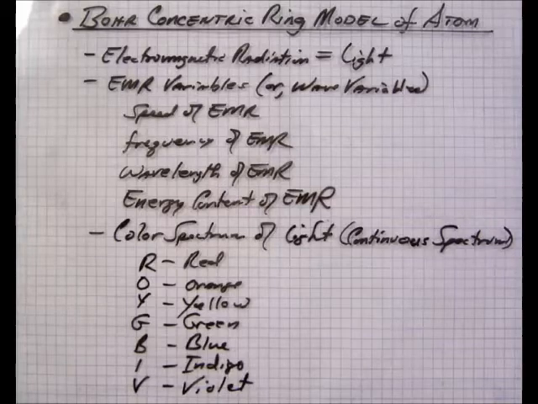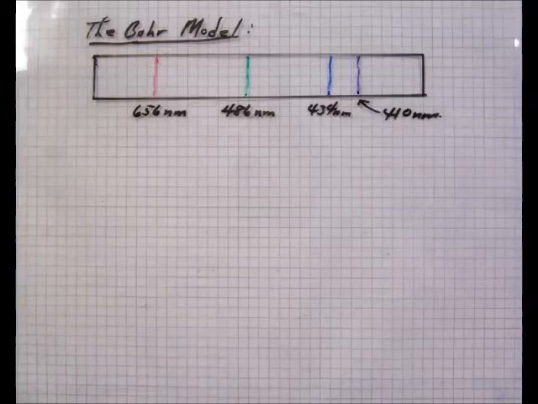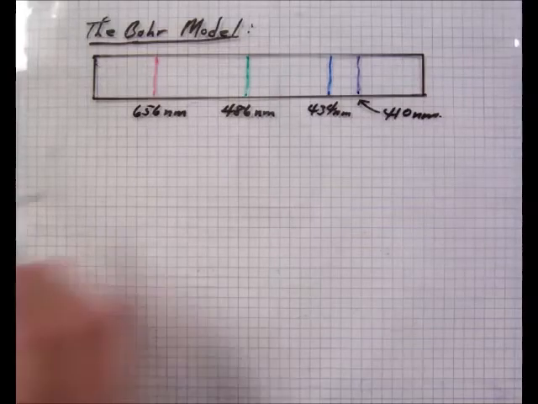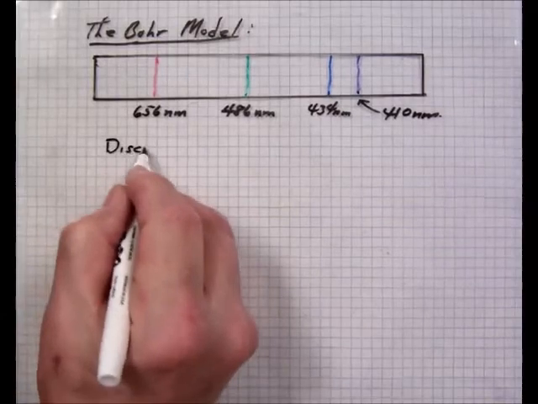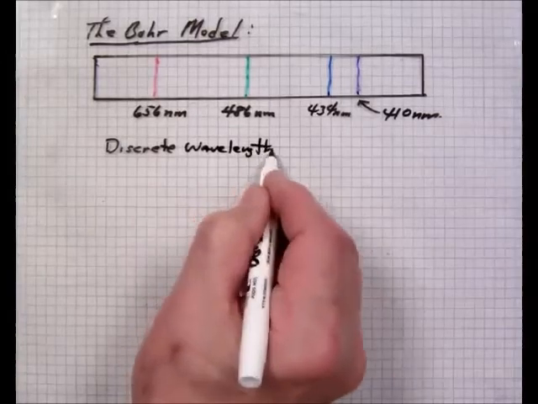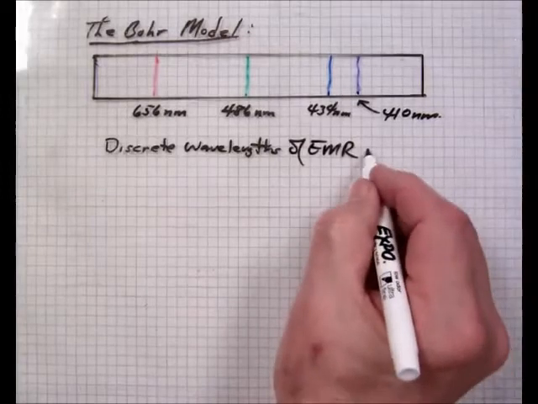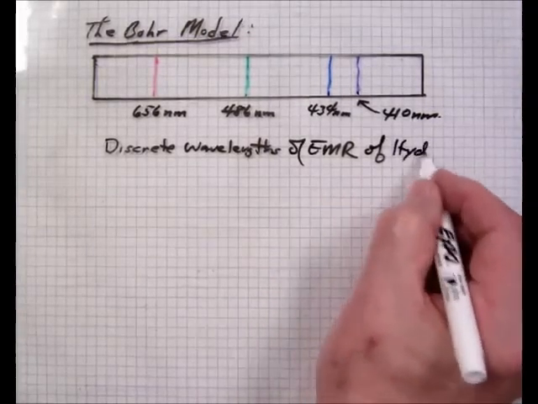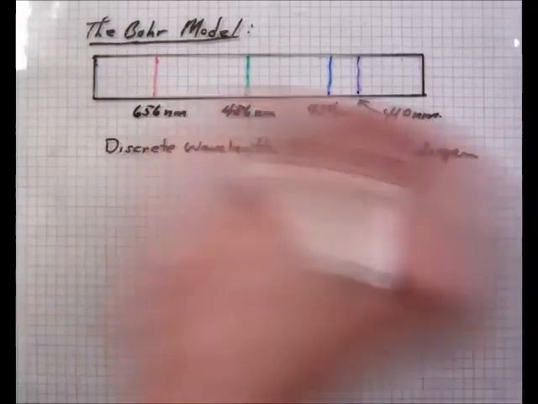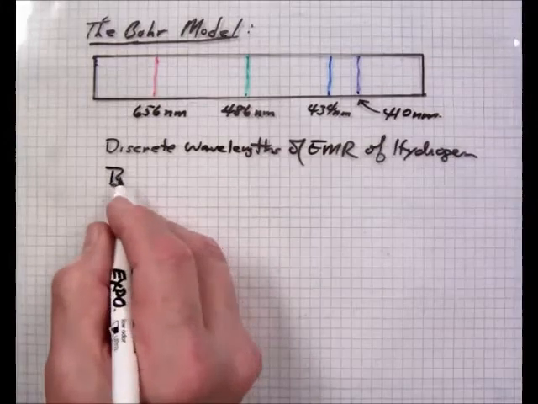Okay, so the Bohr model, that these colors that we're looking at are what we call discrete wavelengths. Electromagnetic radiation of hydrogen. This diagram is called the bright line spectrum, bright line emission spectrum.